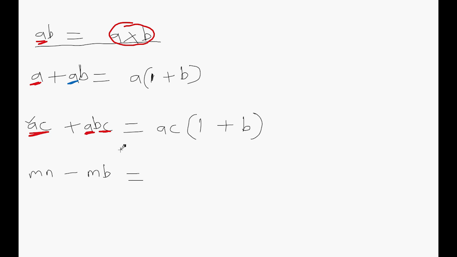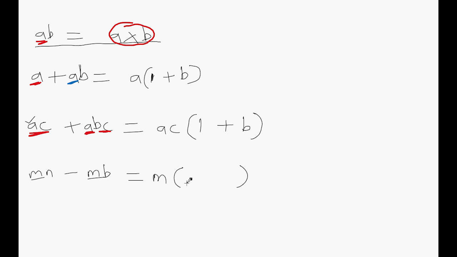The principle remains the same. What you do first is look at which term is common to both of these terms. That's the M and the M right there, so we know that M is common. So you write down the M, and of course you open your brackets.